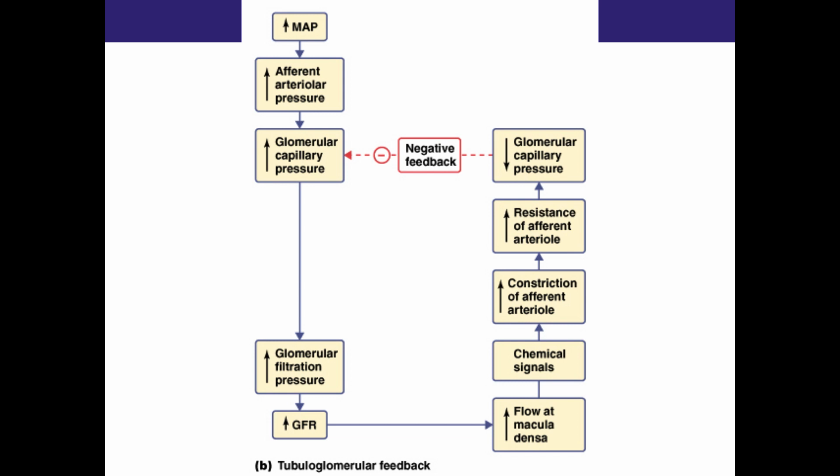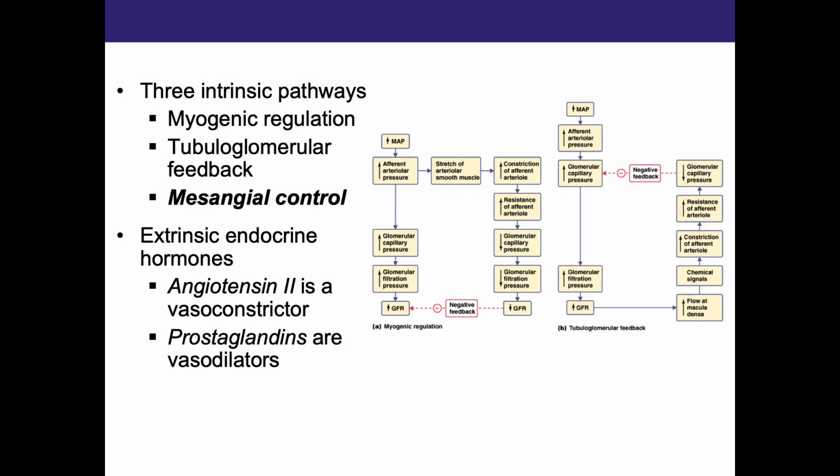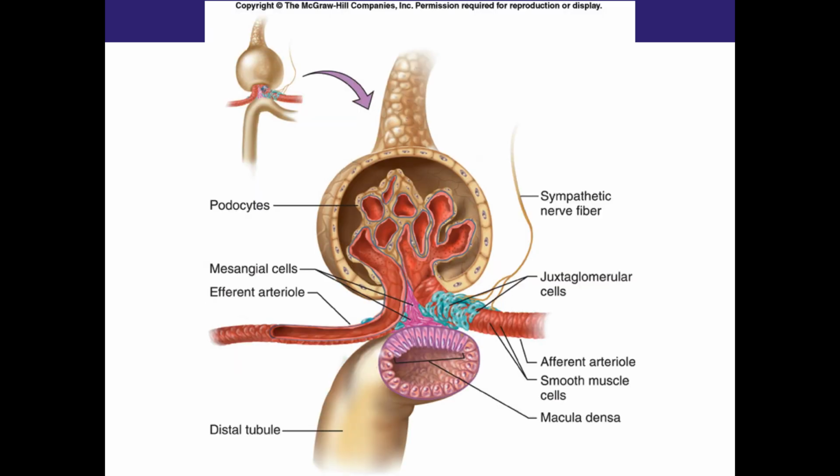Okay, we're just flying through this now. Mesangial cells. Mesangial control. Again, same idea. They're going to get signals from the macula densa cells. The mesangial cells are outside the glomerulus and inside the glomerulus. The whole idea here is you want to decrease glomerular filtration rate.